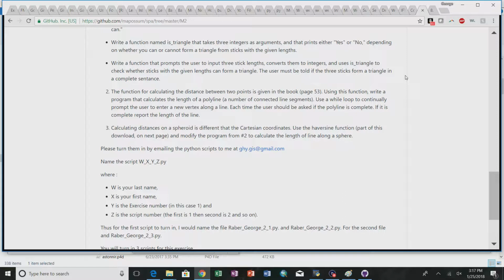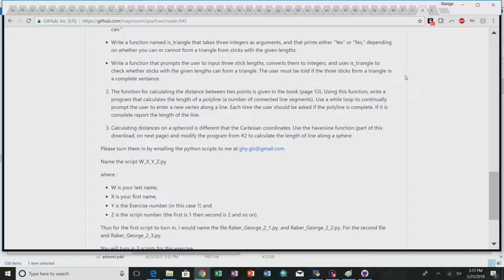You're just going to say your last name. So I would write Rayber. Last name, underscore, and then your first name. So I write George, and then underscore, and then write the exercise number. This is the second week, so this will be 2. This is called M2.